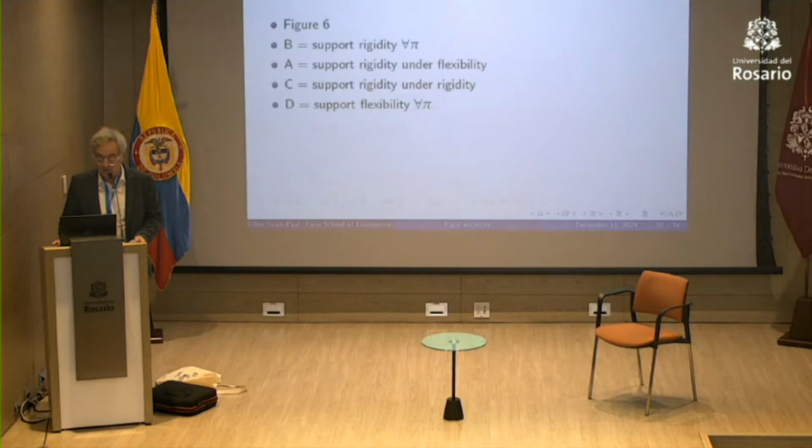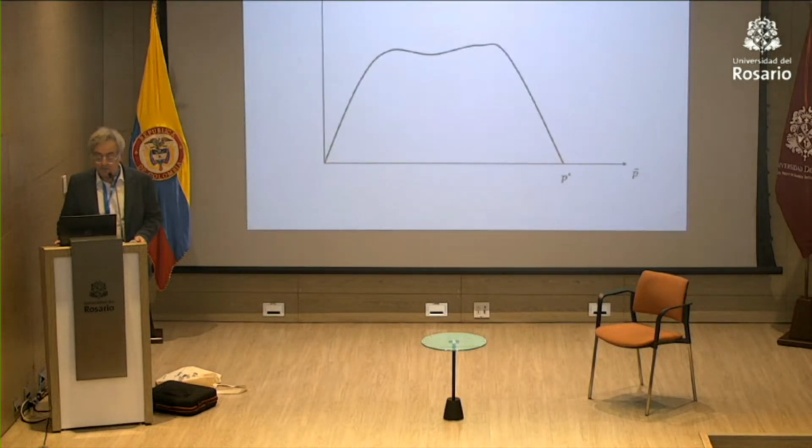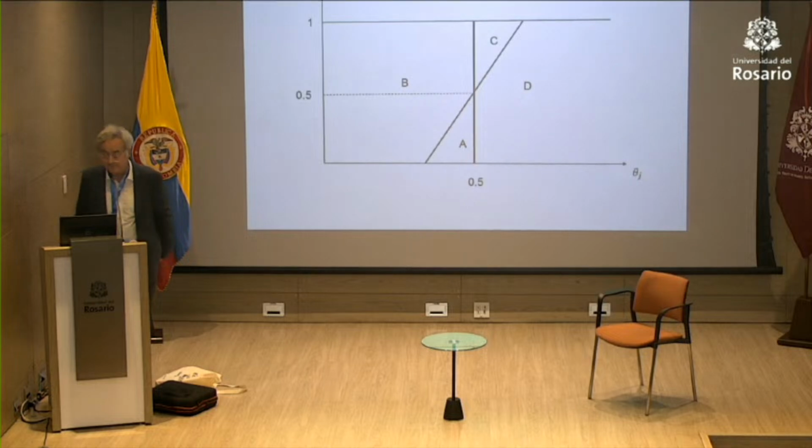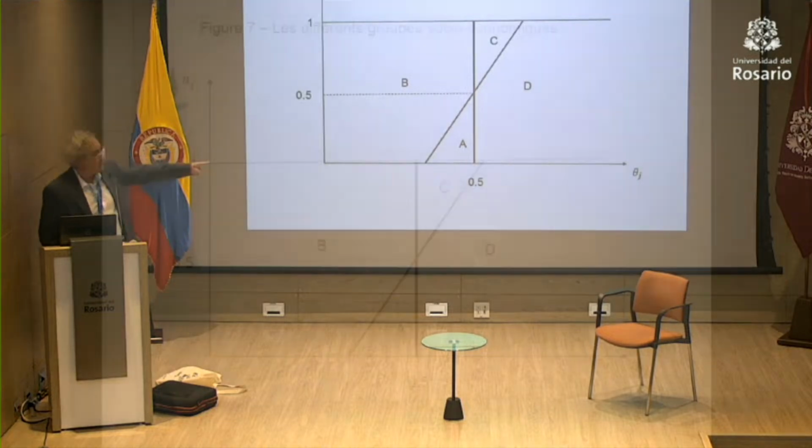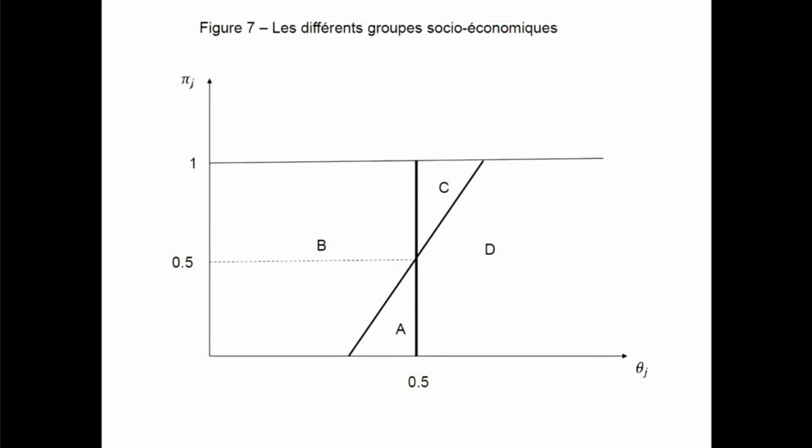So this leads me to the most important picture, which is this one. On the horizontal axis, you have theta j, your wealth, your endowment, and on the vertical axis, you have pi j, your social network. Now, if people expect flexibility, then the limit between the regions of the people who support flexibility versus rigidity is given by this vertical line at 0.5.